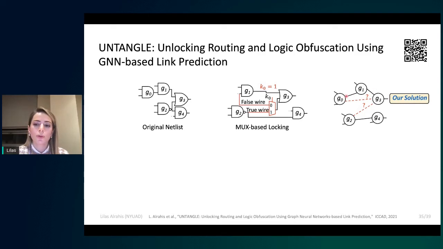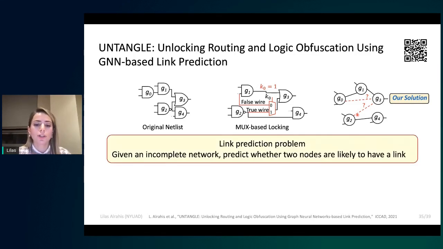So what we do is we keep all the connections that the attacker can see and only remove the connections that are obfuscated, which are the inputs to the MUXes. Here we represent them as target links. By target links, it means that we need to figure out which one of these links is supposed to be added in the network. And we solve this task using a link prediction platform.